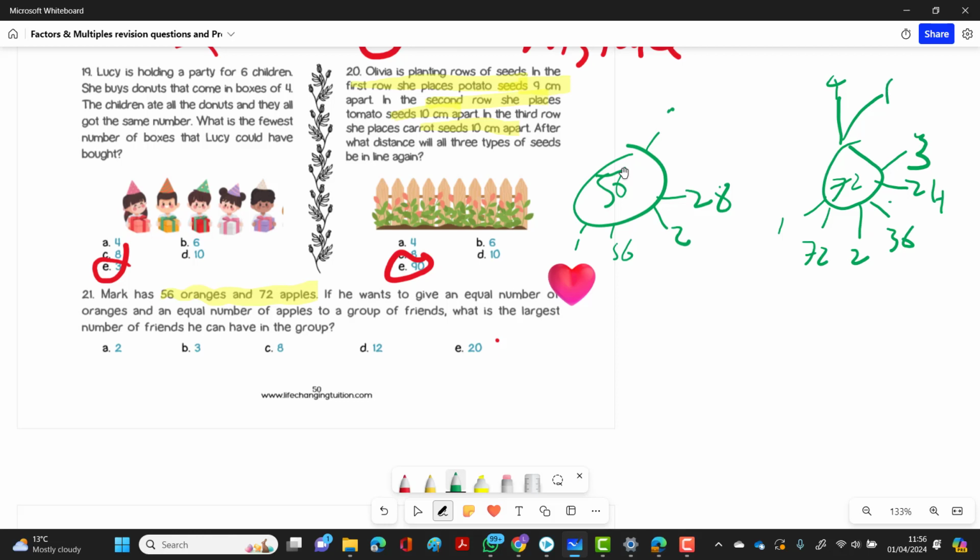4 and 18. And then 6 and 12. So, we've forgotten 8 and 8 and 7 here. So the common factors are 2 and 8.